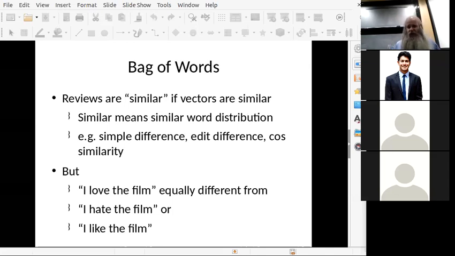And that's not right, because love and like are in some sense closer together. They're definitely all on the positive side, and hate is down there on the negative side. Although there'll only rarely be cases that are as explicit as this, this certainly happens where some words are closer to others and some are not. And we want to take this into account.